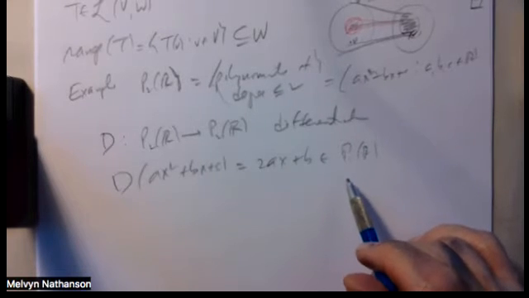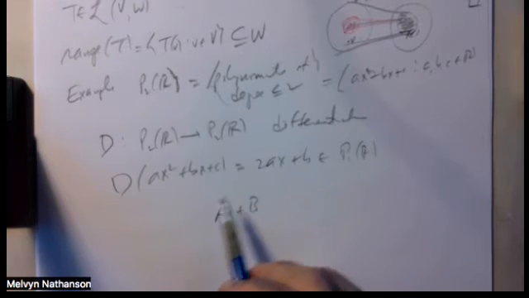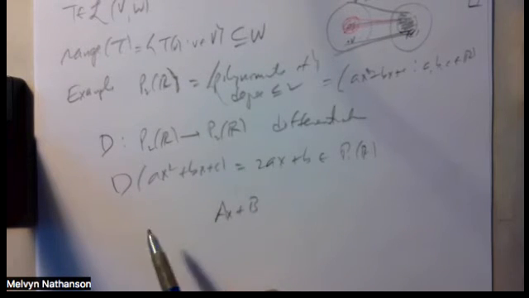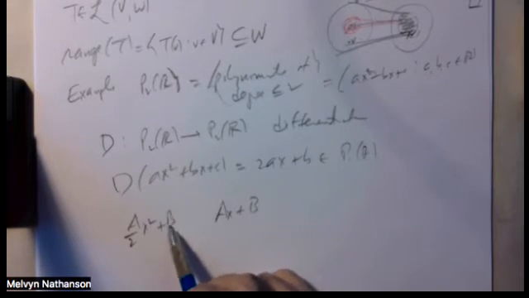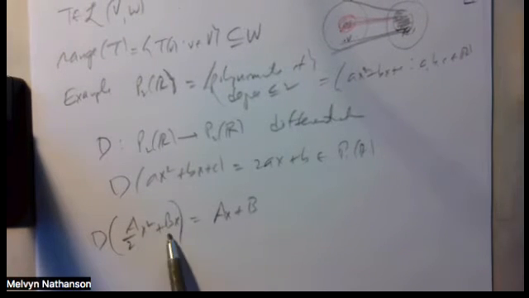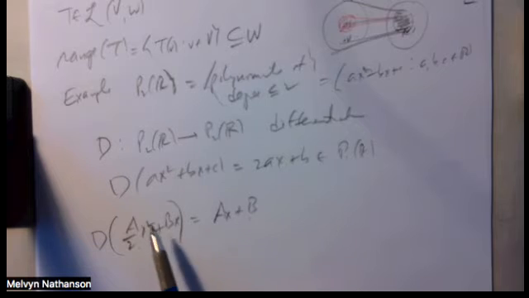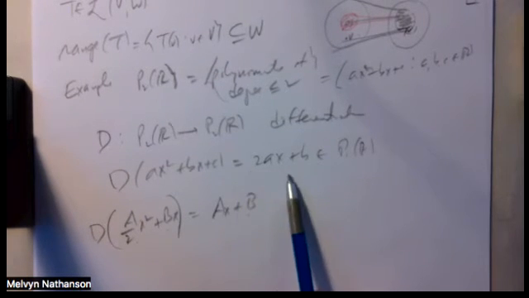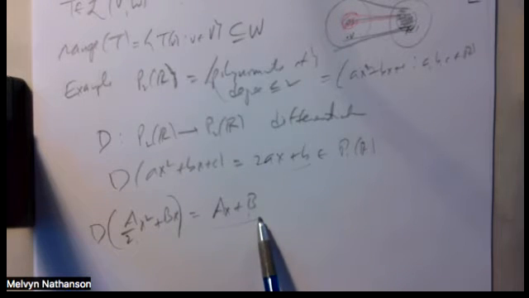And if I take any polynomial of degree at most 1, ax plus b, and I look at the quadratic function a over 2 x squared plus bx, for example, D of this function is ax plus b. So when I differentiate a quadratic polynomial, I get a linear polynomial. And every linear polynomial is a derivative of some quadratic.